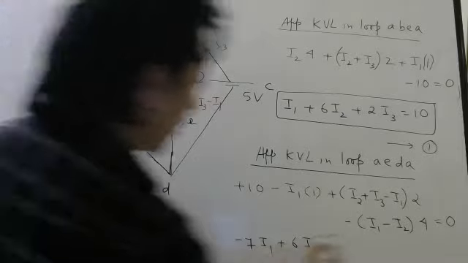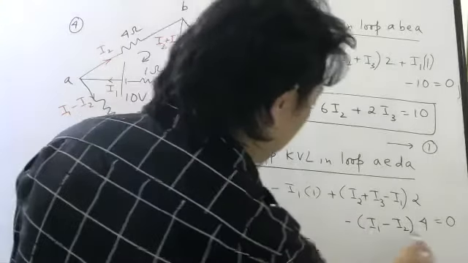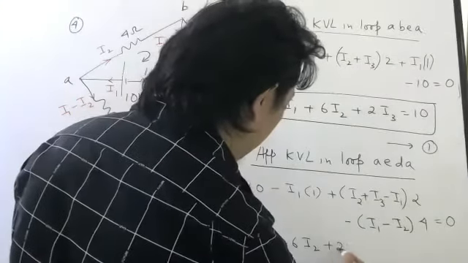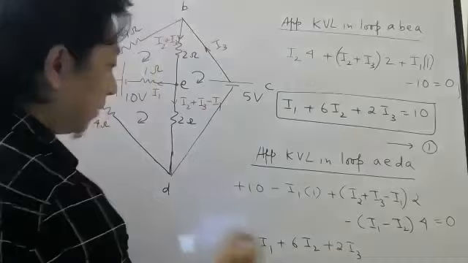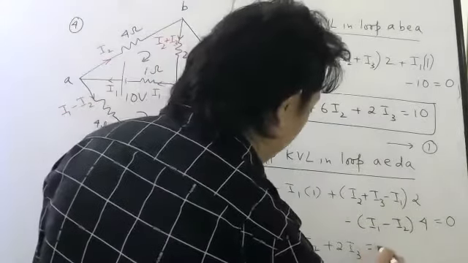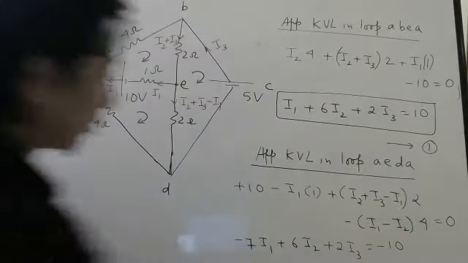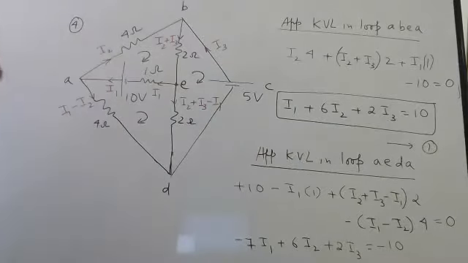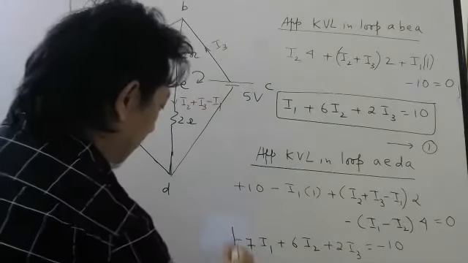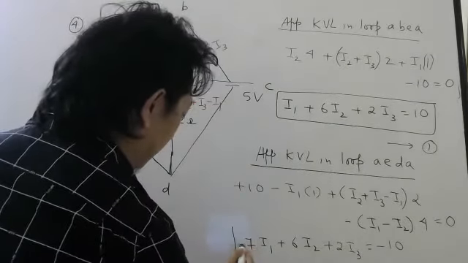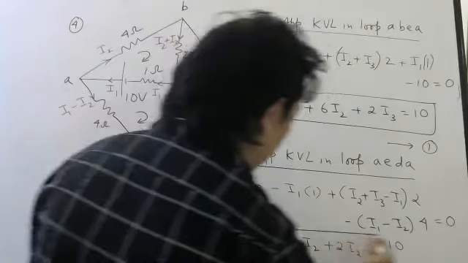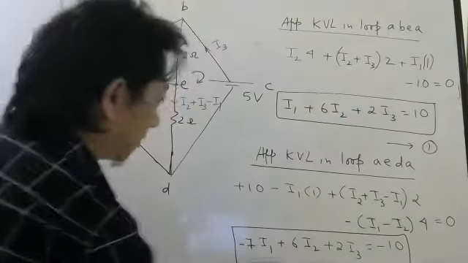Then I3: no I3 here, no I3 here, 2I3 plus 2I3. That will be equal to, 10 will go to that side, so minus 10. This is my second equation.